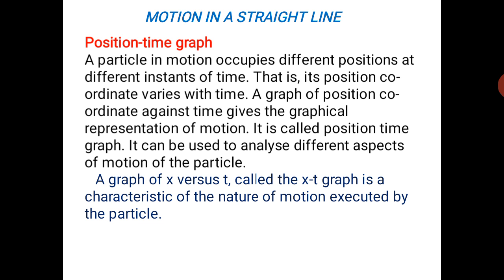A graph of x versus t is called an x-t graph. x means position, t means time. The x-t graph is characteristic of the nature of motion executed by the particle.